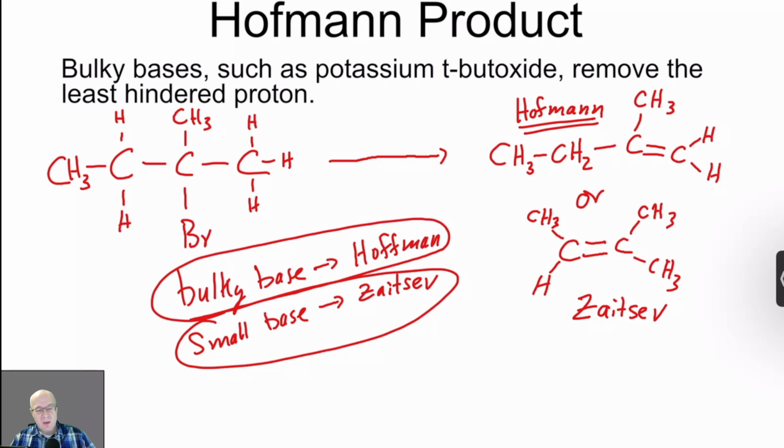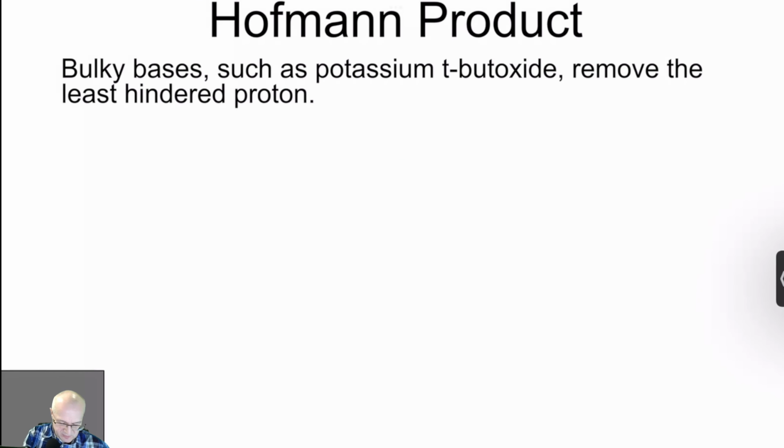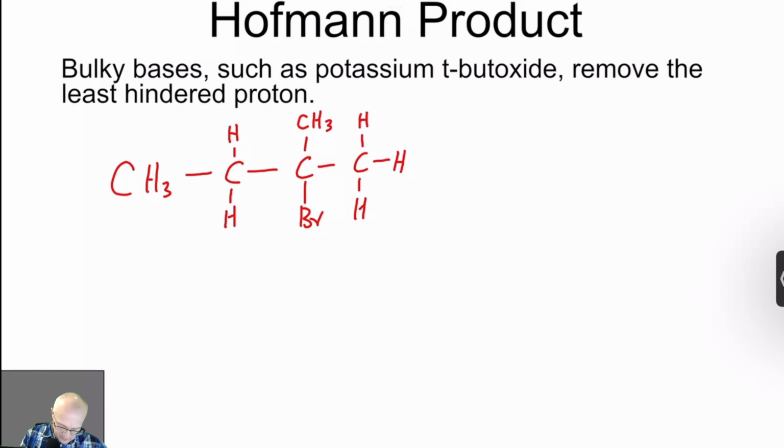Now, why would a bulky base give me the Hoffman product? Why is that? Well, let's think about the mechanism here. Let me clear my board here so I can make some room for a mechanism. In order for an E2 reaction to occur, the base must attack here, and they fall in like that, and the bromine comes off.